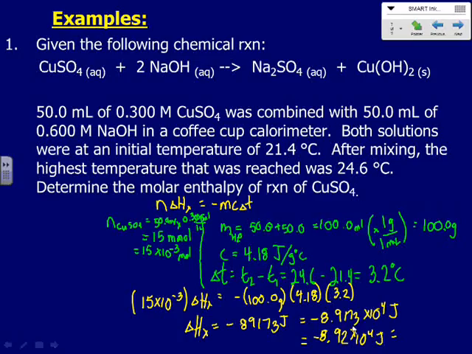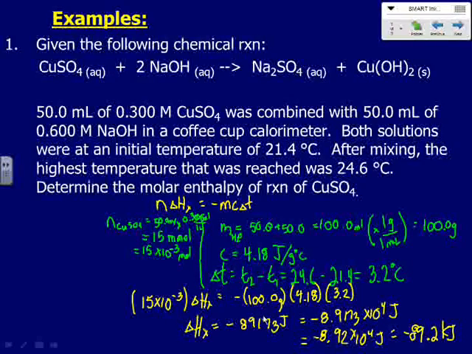Also very important to put that into kilojoules, because very often our numbers are in kilojoules, and if I move that 3 steps, 1, 2, 3, that is negative 89.2 kilojoules of energy.